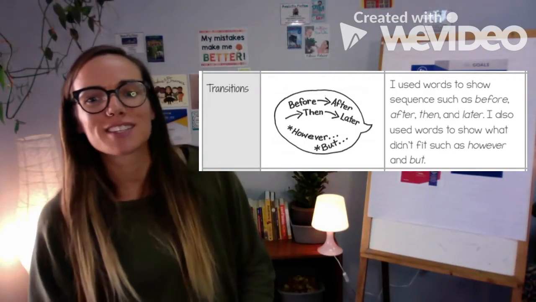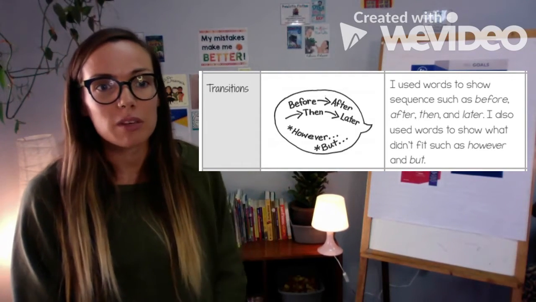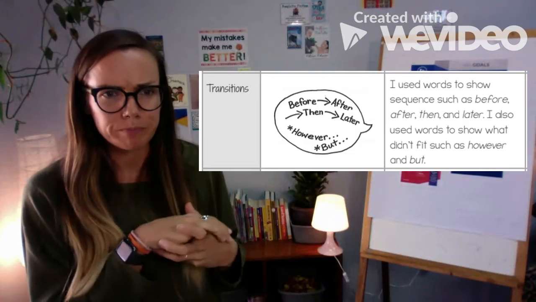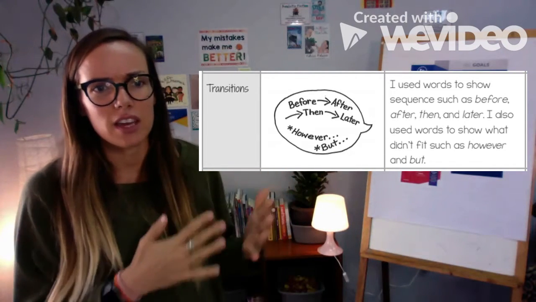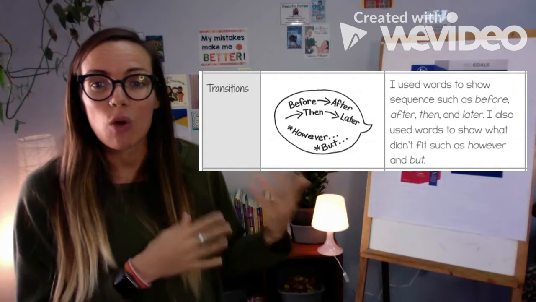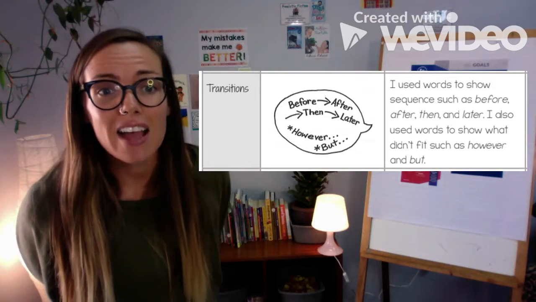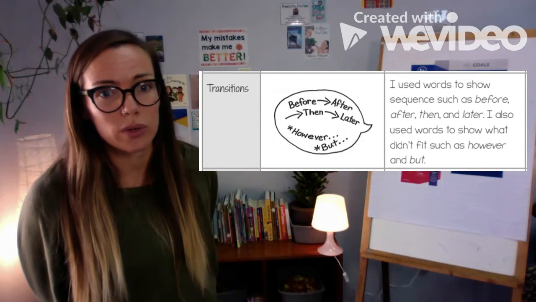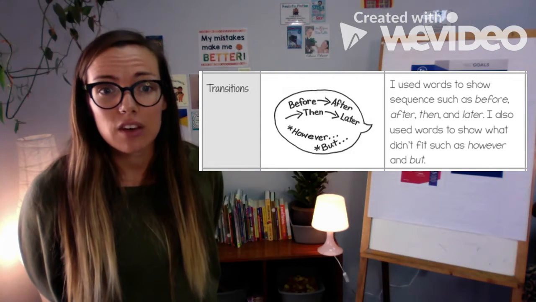Ta-da! Okay, so when we think about transitions in third grade, you can see this little image here in this speech bubble. We're identifying time, right? So we might say before, after, then, later. We might say words like however and but. So the description here is, I used words to show sequence, such as before, after, then, and later.